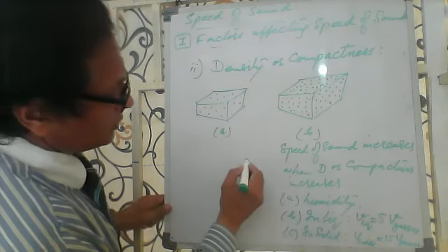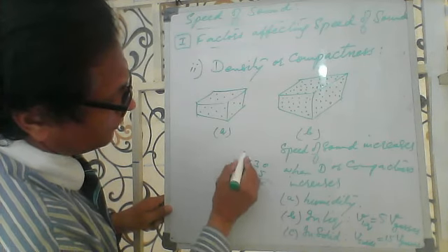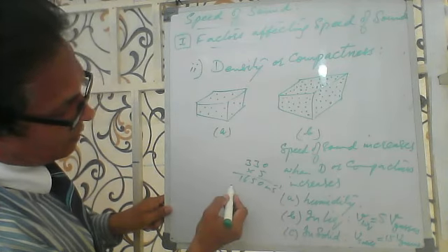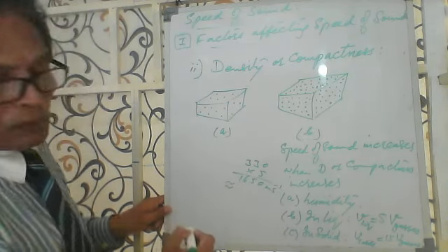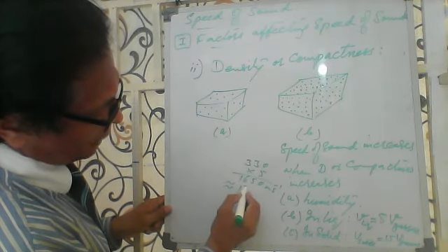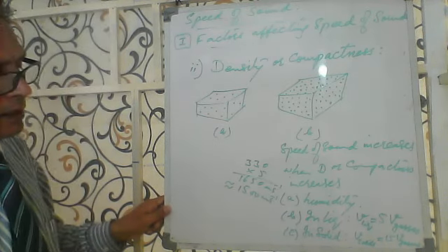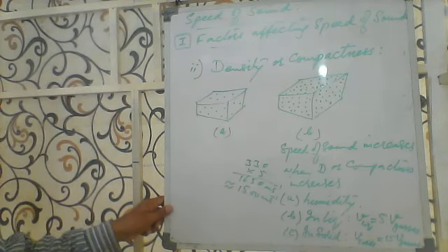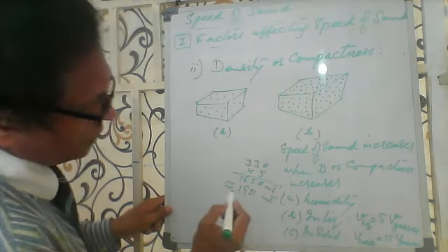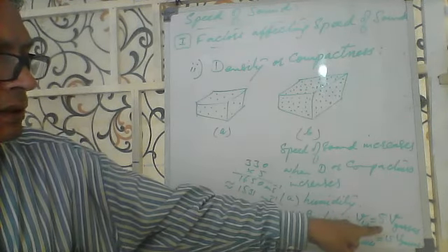You see, 330 multiplied by 5 gives 1650 meter per second. But due to certain factors, exactly it is given 1531 in your book. Anyhow, it is a generalization.